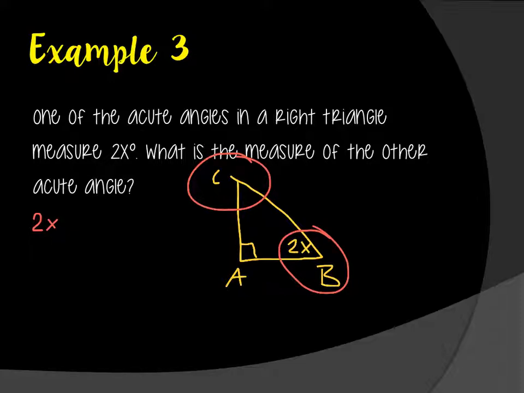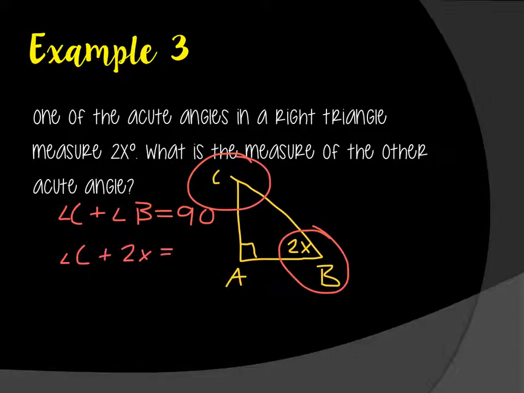So angle C plus angle B is equal to 90. We know what angle B is here. What is it? 2x. So angle C plus 2x is equal to 90. So now we can just subtract 2x from both sides, and we get angle C is equal to 90 minus 2x.